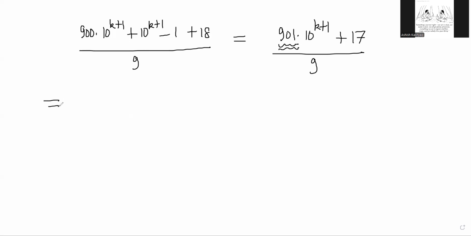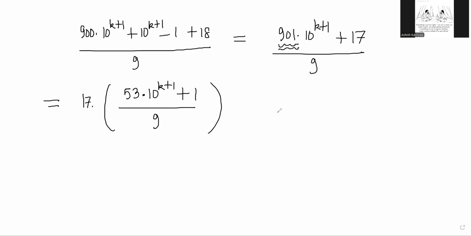We can take 17 common, and it is coming 53 into 10 to the power k plus 1 divided by 9, right? Yes. So that automatically proves that 17 divides that number. Yes, sir. 17 is a divisor, which means that the original number is not prime.